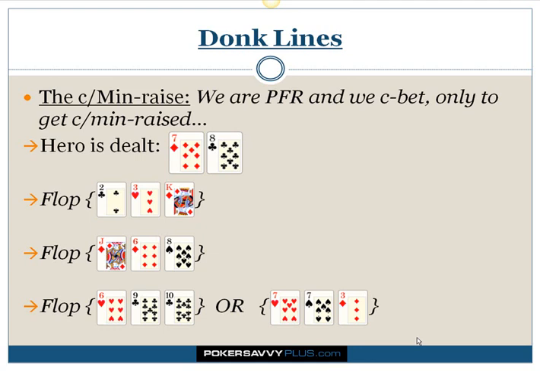I think calling is certainly the best option in this situation, but you need to be able to play effectively on other streets, and you need to be aware that because there are so many bad cards and very, very few good cards for our hand, we're going to have to play really cautiously. Now, our opponent's obviously offering us great odds to call a check min raise on a flop like this, so a huge percentage of the time we're going to be getting really good odds.